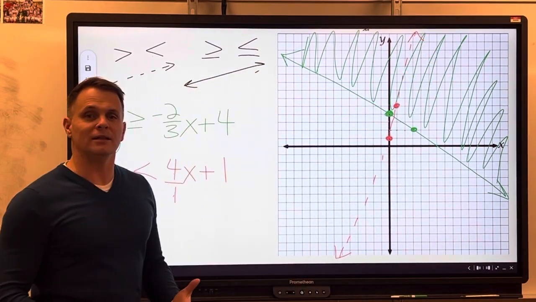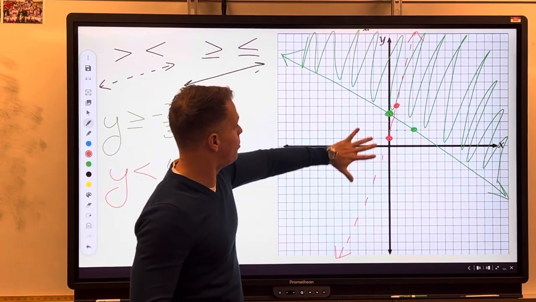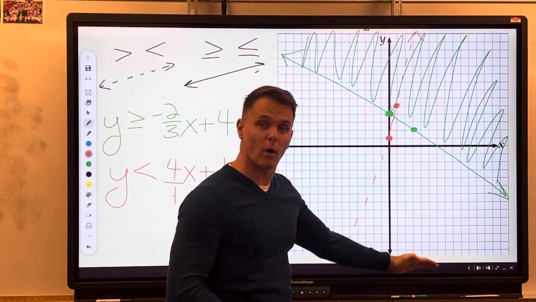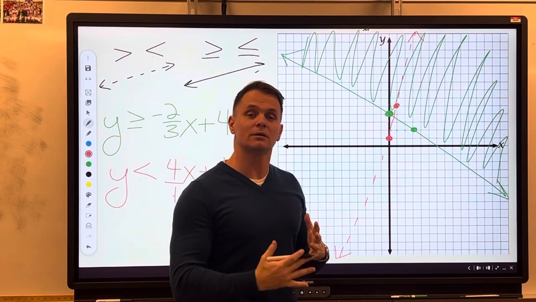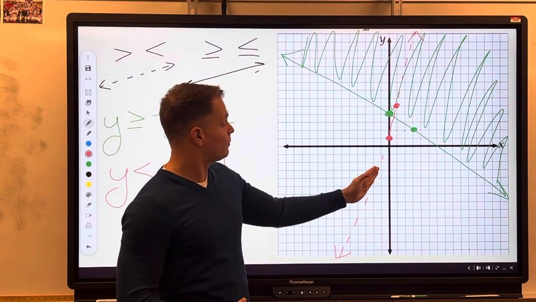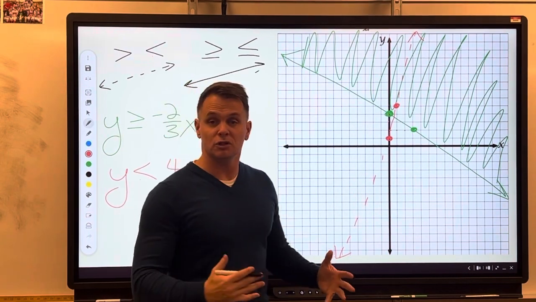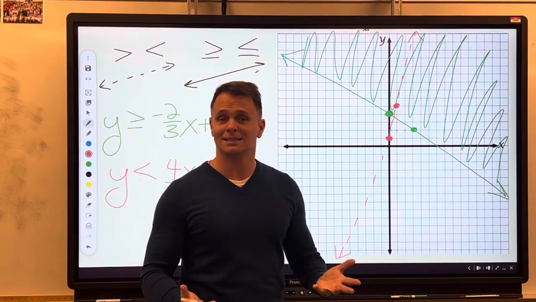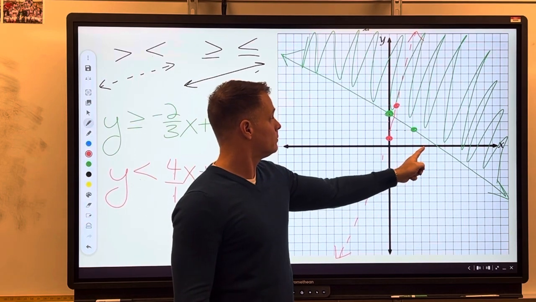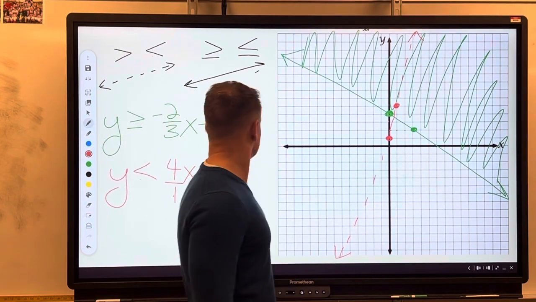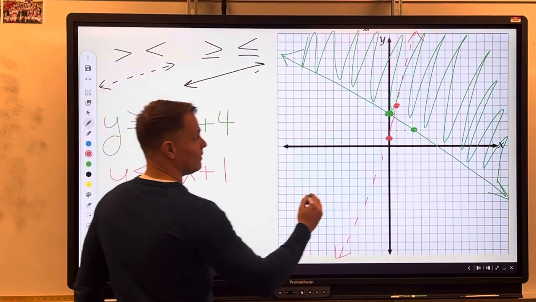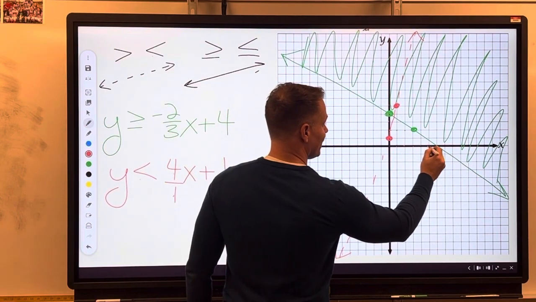So now I'm going to shade the solution set. Is it going to be above the red or below it? Now, if you're having a hard time determining which one is above or below, then use a point not on the graph and test it. Like, for example, 5, 0. If you put 5, 0 right here, 1, 2, 3, 4, 5.